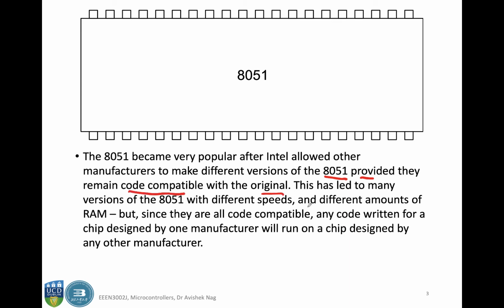So this has led to many versions of 8051 with different speeds, different amounts of RAM, but since they are all code compatible, if you write a code for one of them, it will run for the other chips as well, and this is what you will exactly do in your labs.